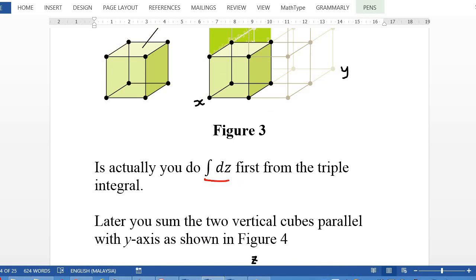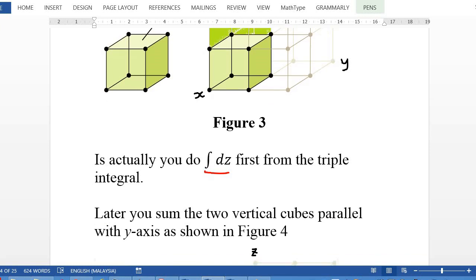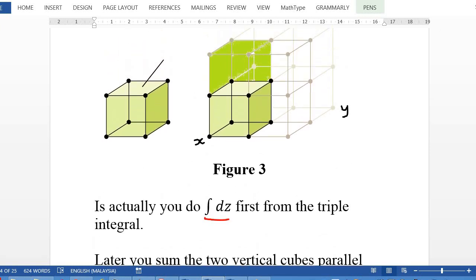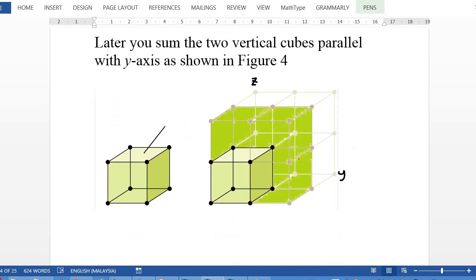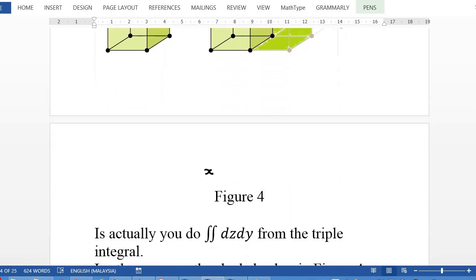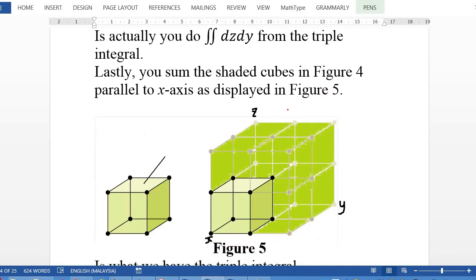Later on, we sum these two cubes parallel with the y-axis. Alright, guys, we already evaluated the integral with respect to dz.